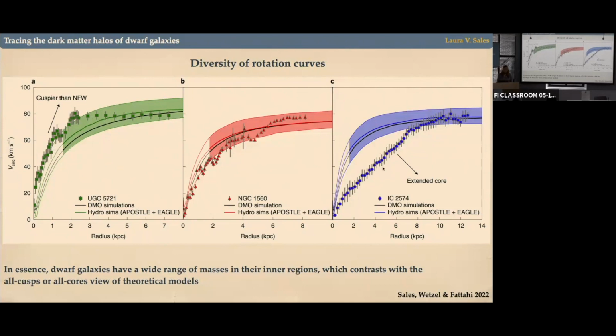The issue with the problem is, we can all agree that perhaps the burstiness of star formation can create cores, but then every halo should have a core. Or we could say the burstiness is just exaggerated, but then every halo should have a cusp. But some of them have a core, some a cusp, and some are even cuspier than an NFW. That is the problem within lambda CDM.